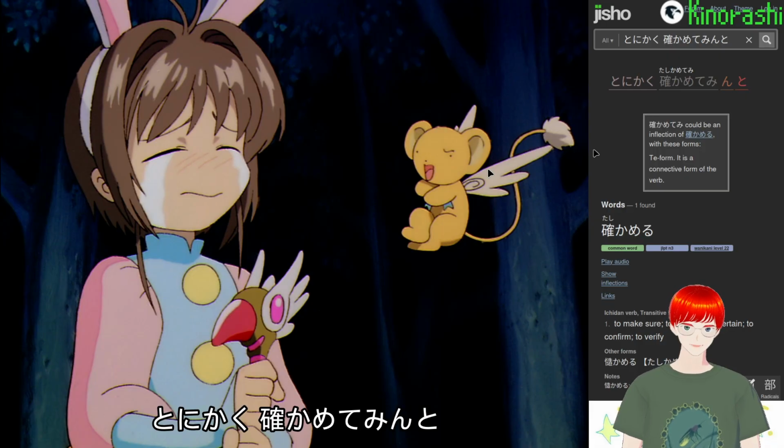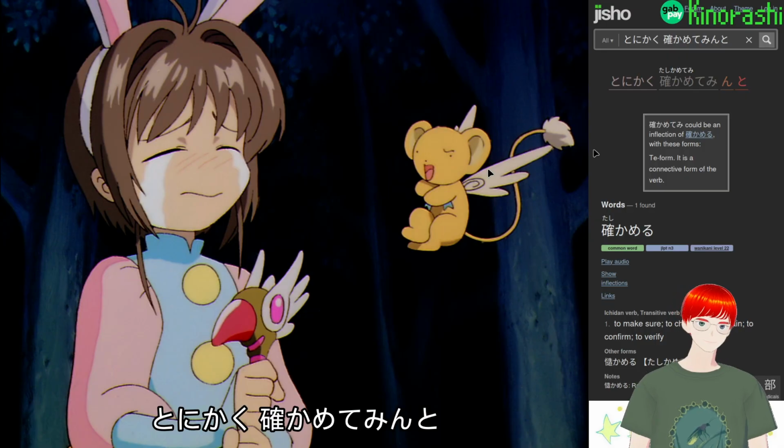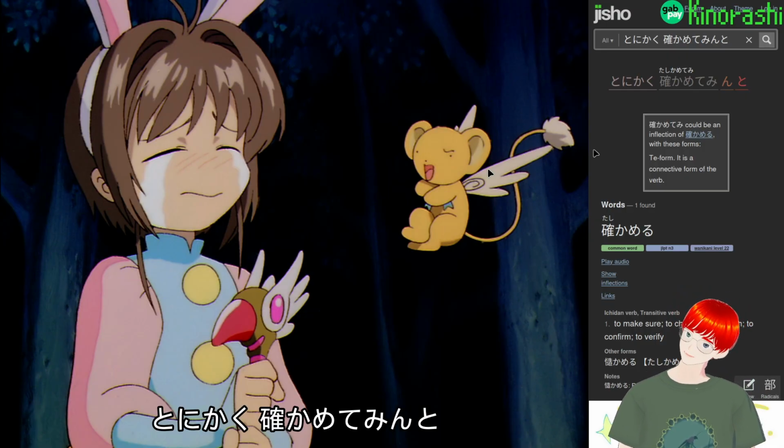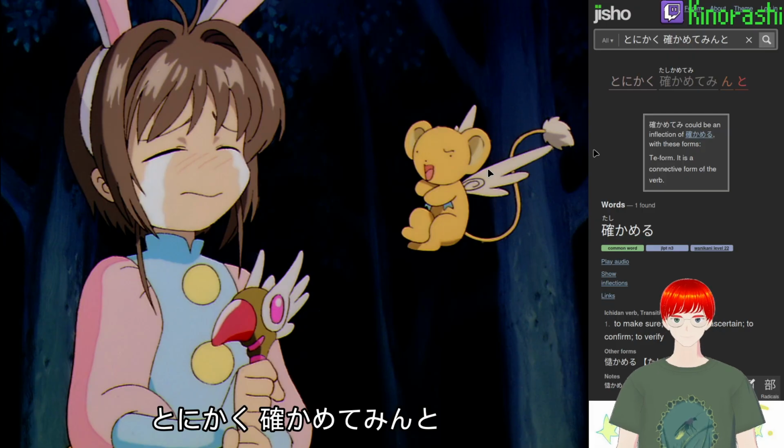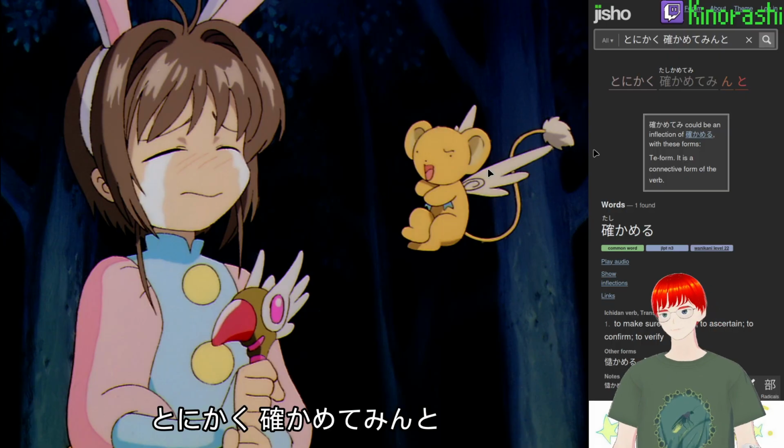Standard form miru plus yo is miyo. Kansai, okay, the volitional form yo becomes yo in Kansai-ben, so shiyo becomes shiyo, okay. But miyo is then contracted to min. This is a very common casual sound change in dialect.